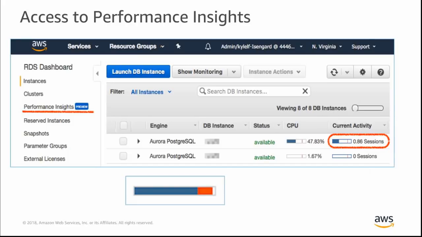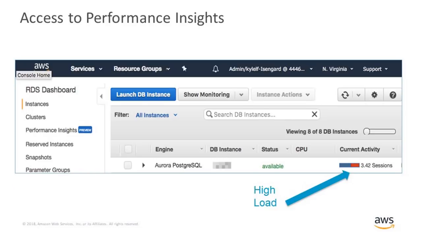So when the load goes above that number of cores, then the widget starts to turn red. The more red we see, the more of a bottleneck. So here's an example of a dashboard where I have an instance that has a lot of red. So there's some sort of bottleneck going on in this instance. So here I can just click on that widget, and it'll take me directly to the dashboard for that instance.